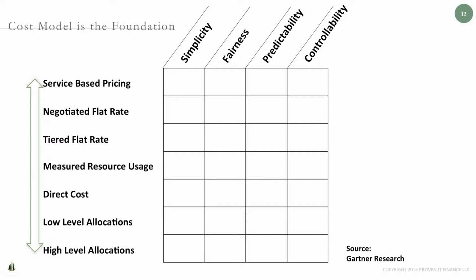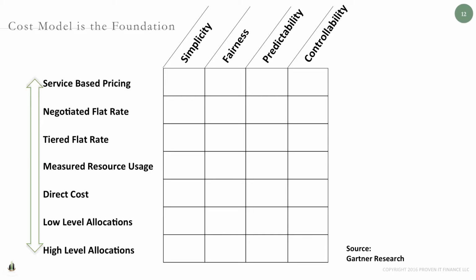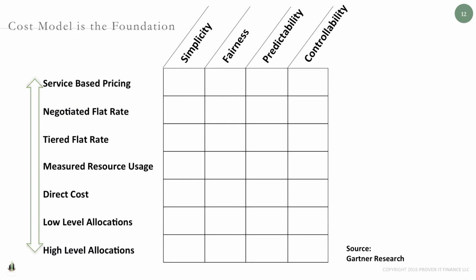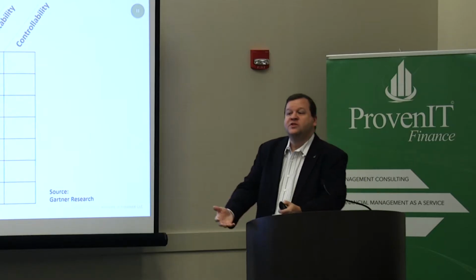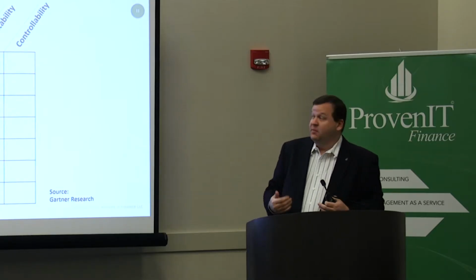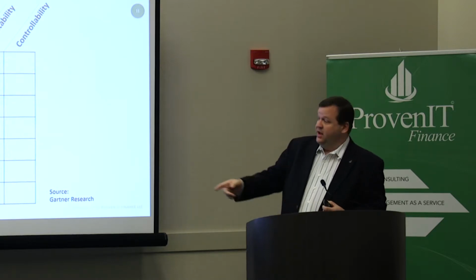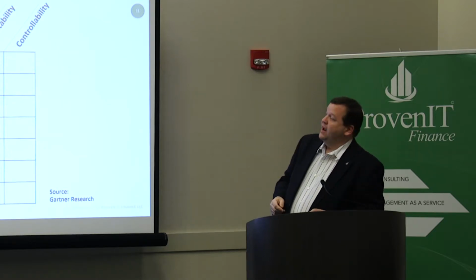The other is fairness. Fairness means you charge me the right amount. Predictability. How much are you going to charge me next week, next month, next quarter, next year, 3 years from now? And controllability. I make a decision, and that decision shows up in my numbers in a reasonable amount of time. So these are the emotions that are related to how people react to money.